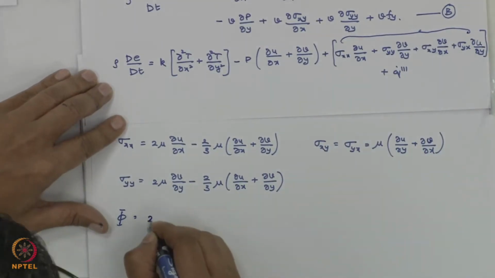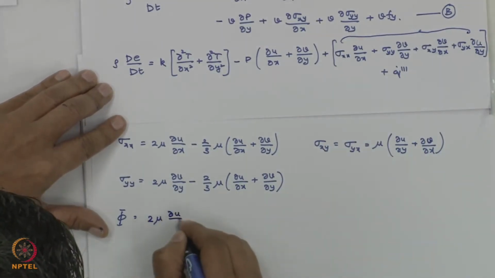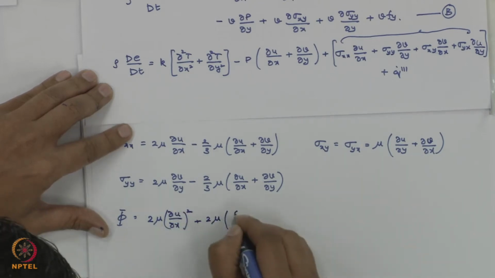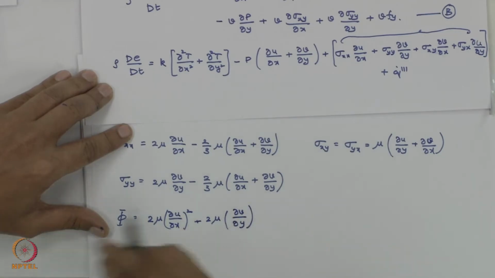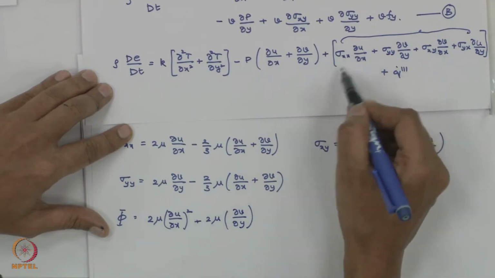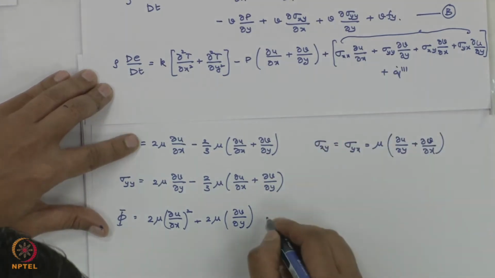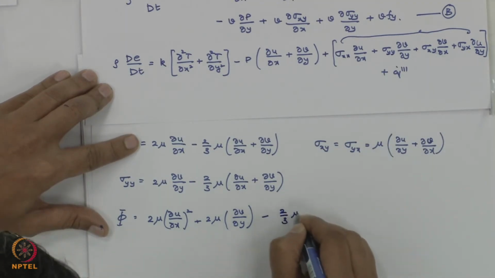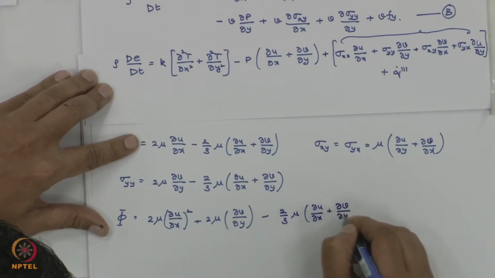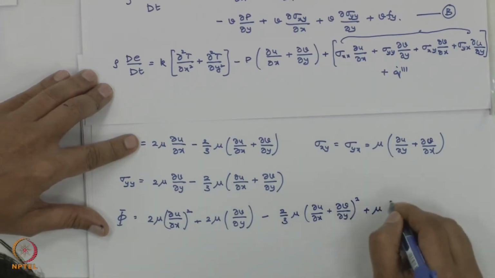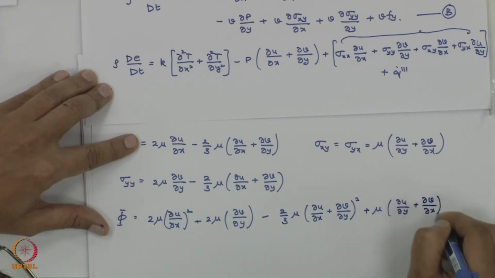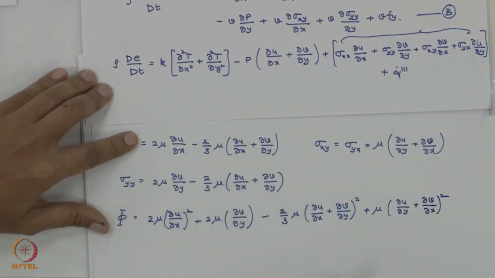Phi equal to 2 mu (del u by del x) whole square plus 2 mu (del v by del y) whole square, because you see sigma xx is into del u by del x, so you will get whole square, minus 2 by 3 mu (del u by del x plus del v by del y) whole square plus mu (del u by del y plus del v by del x) whole square. So this is the viscous dissipation term.